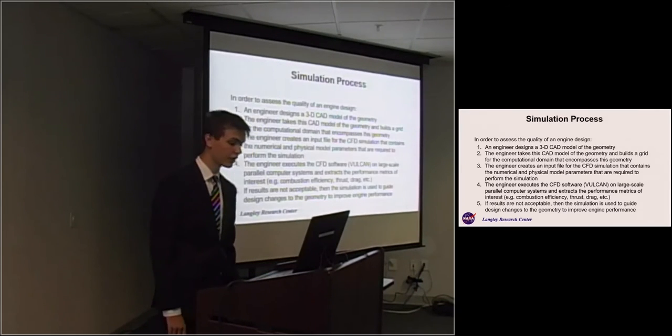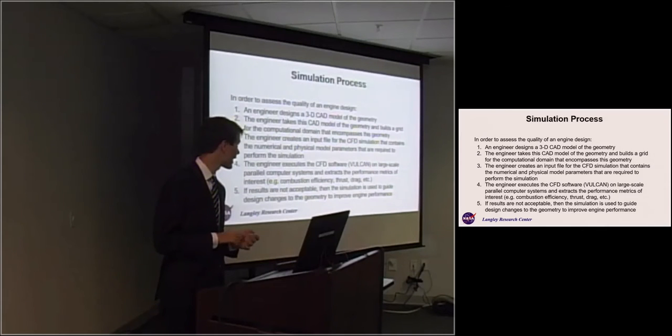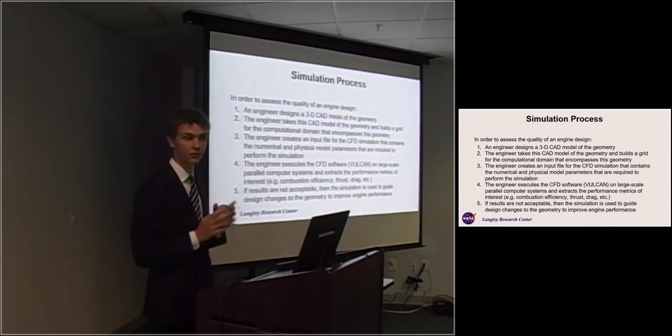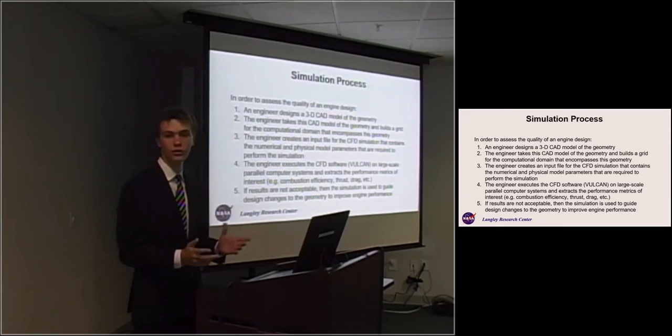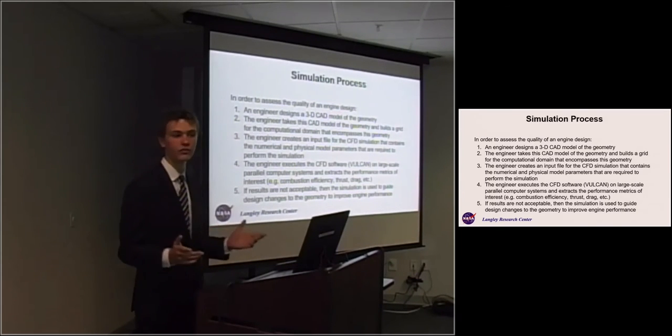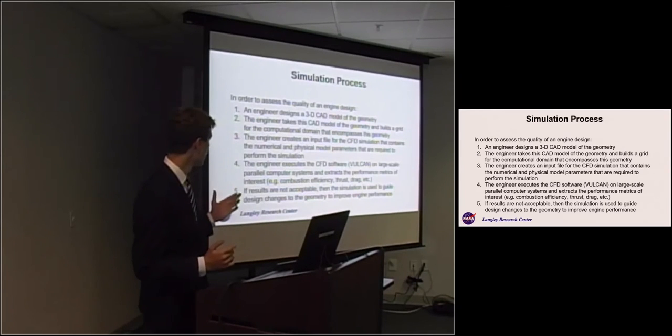So the simulation process, this is the process of designing an engine and running it through simulation. Step 1 is an engineer designs a 3D CAD model of the geometry. Basically that means he's going to create a 3D model of his engine or his airfoil or whatever he's designing that he wants to use simulation software on.